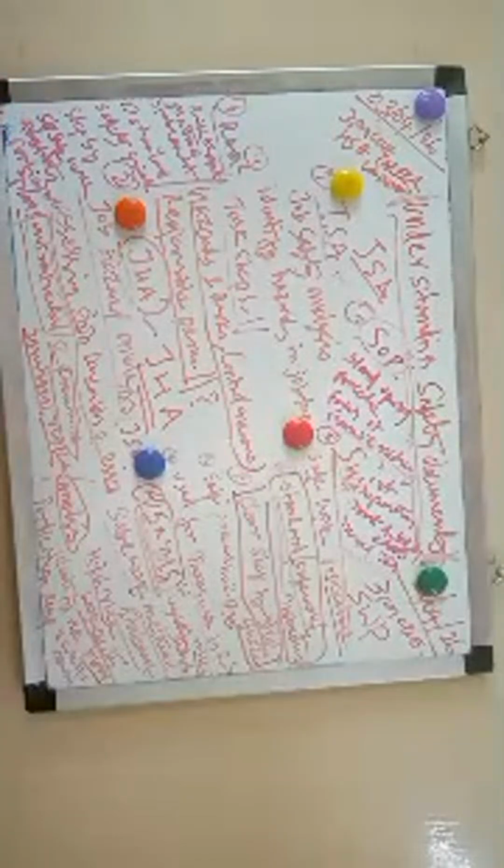So in that case, you must have a RAMS, risk assessment method statement, a detailed safety guide, step by step safe work assessments. The participants are also involved. For example, crane operators involved, forklift operators involved.